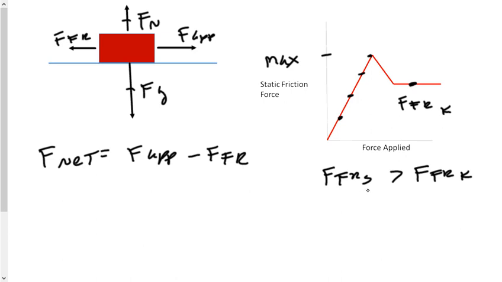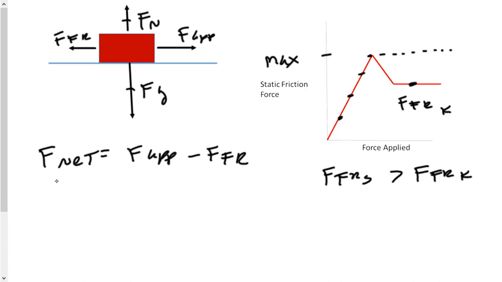And what I mean by that, this is the maximum. So if I apply a force to get an object moving and my force stays at this value, my object should accelerate then, because now the applied force is greater than the friction force.